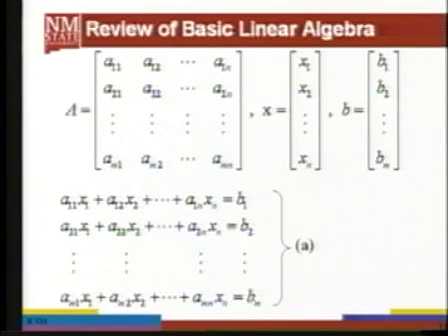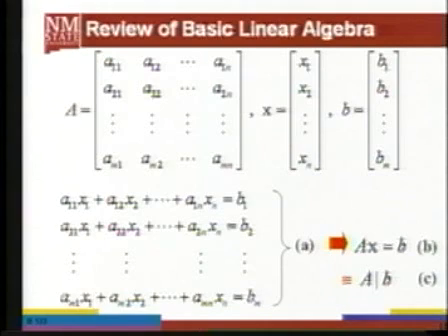Then the system of equations A may be written as AX equals B. So in this case, both sides of equation B will be n by 1 matrices, or n by 1 column vectors, right? And sometimes we abbreviate the expression B by writing expression C. Then this expression C is still another representation of expression A, right?